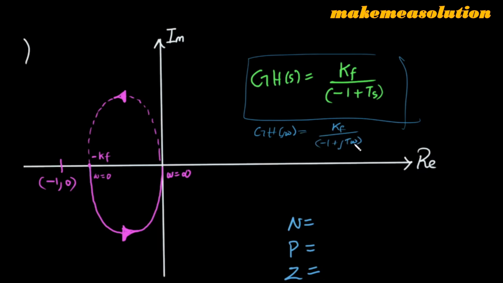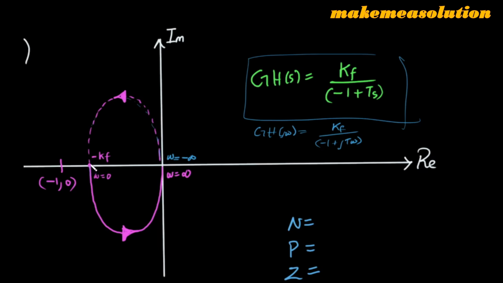So when you start varying omega from 0 to infinity, you find the locus of the path traced like this. So you don't need to vary omega from minus infinity to 0 when you could just use the mirror image. So this is omega equal to minus infinity to omega equal to 0, which is the mirror image of what we have down here. Is that okay?